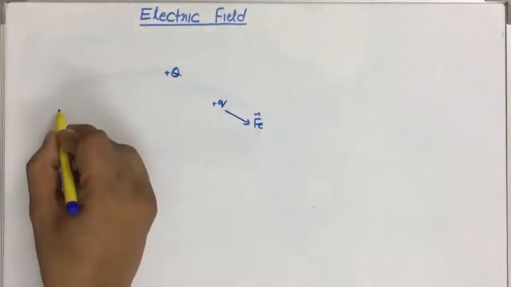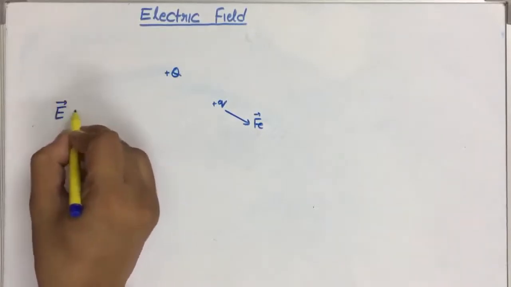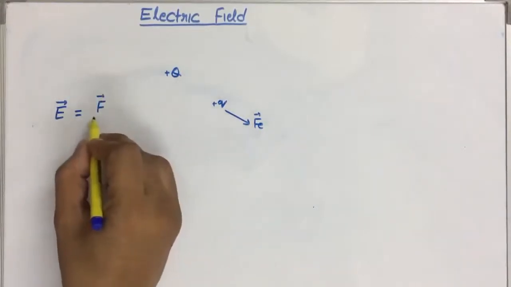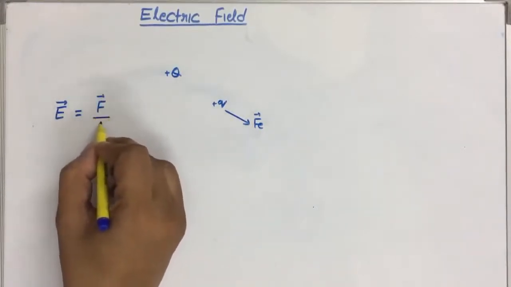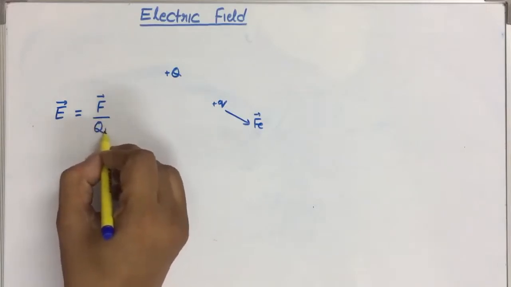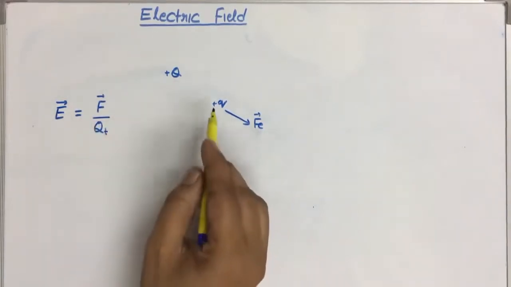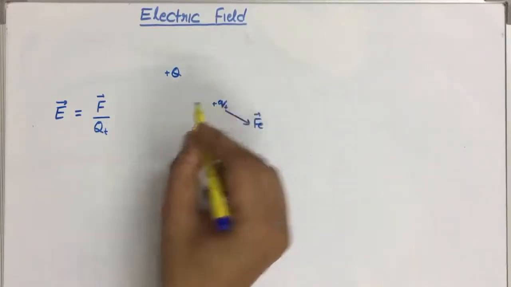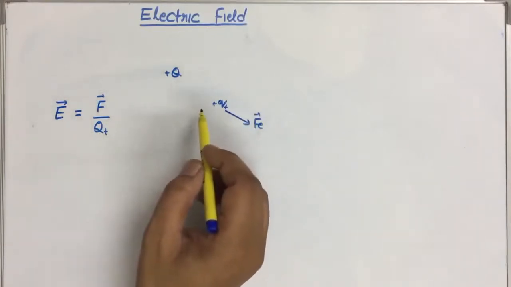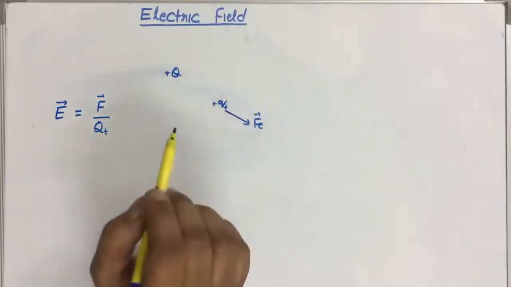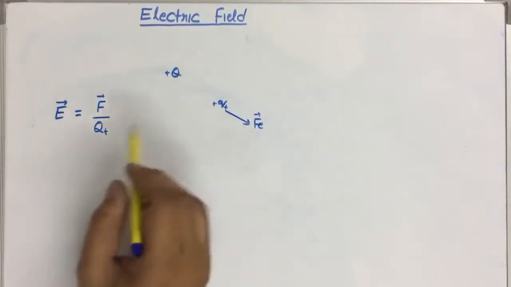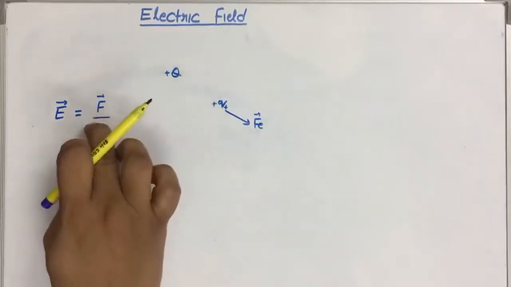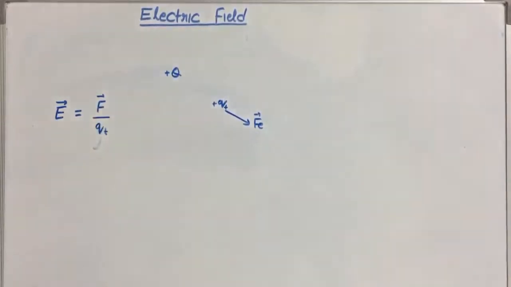Now, from this we can write E is equal to the force experienced on the test charge. For example, this is considered as test charge. Then the electric field intensity will be force experienced divided by the test charge. Consider it Qt.